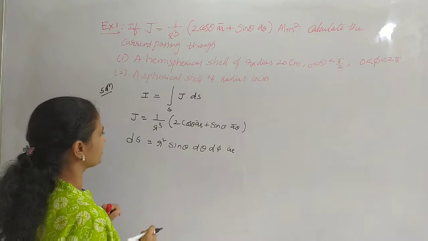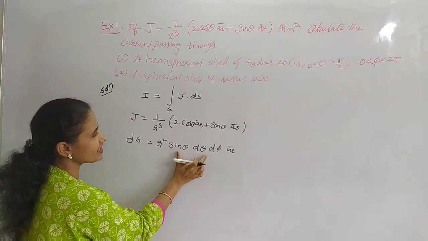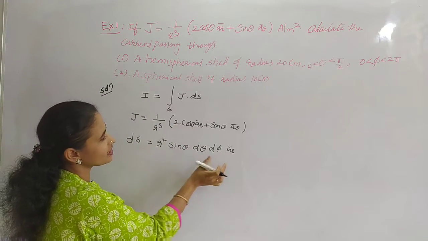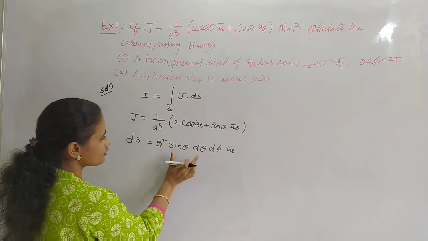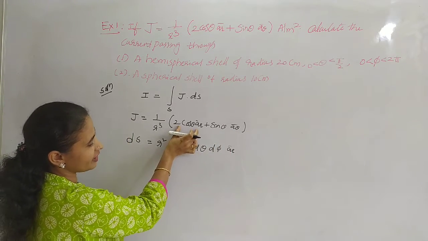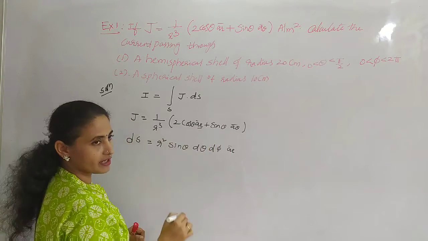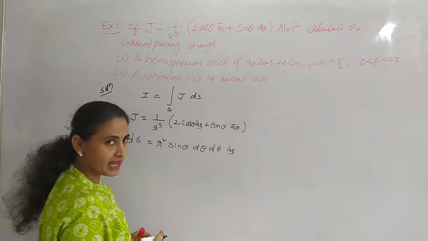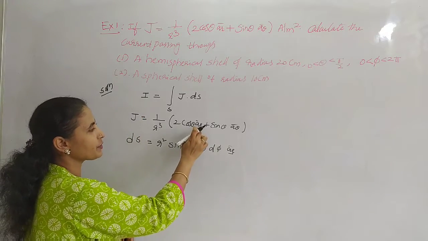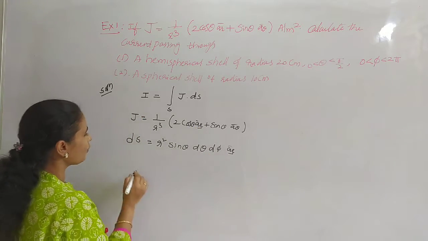So we are supposed to find the dot product of these two and apply the surface integral to obtain the current. Dot product of these two means this whole term is multiplied with the second one. If you multiply all these terms, where we have a unit vector a_r here and also a unit vector a_r there, the dot product of a_r with a_r will be 1.